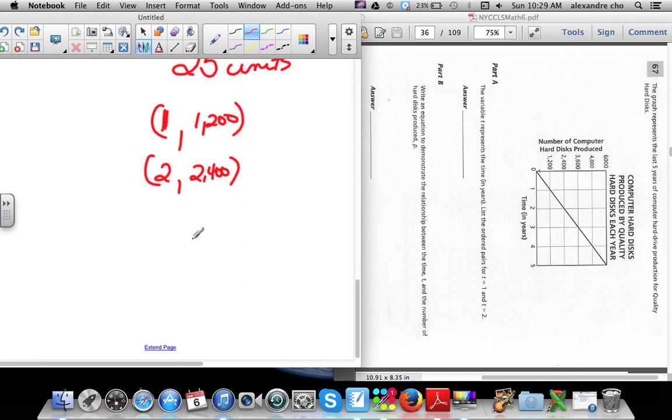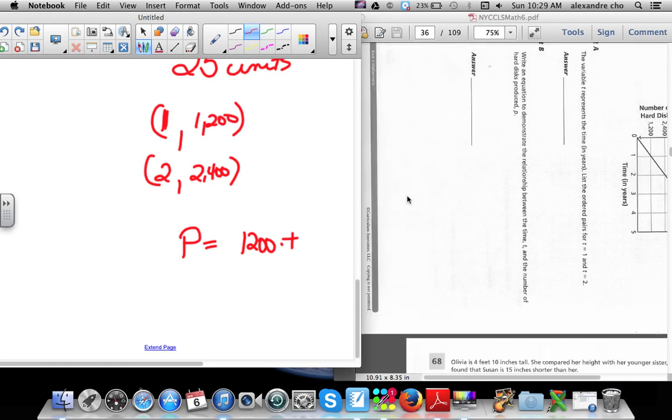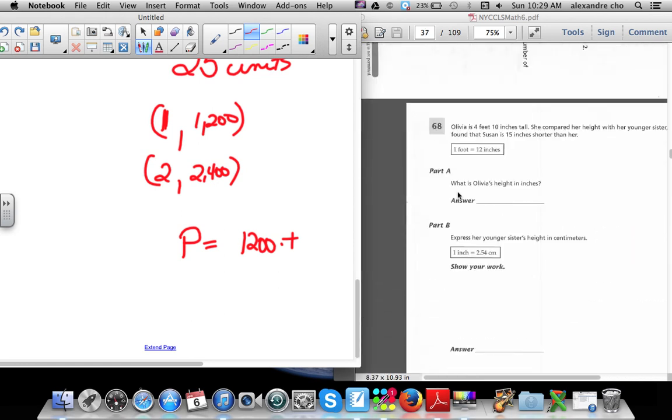So the disks produced, P, is the dependent. The relationship is going to be P equals 1,200 times T. Because you notice it's always times 1,200. 1 year, 1 times 1,200 is 1,200. 2 years is 2 times 1,200. 3 years is 3 times 1,200. So there's your relationship right there. Very simple. Okay. 68.